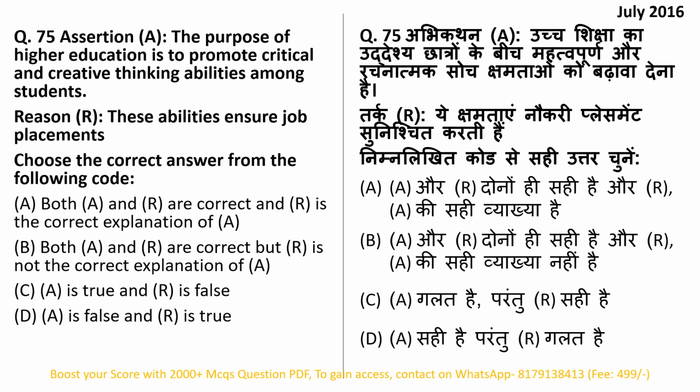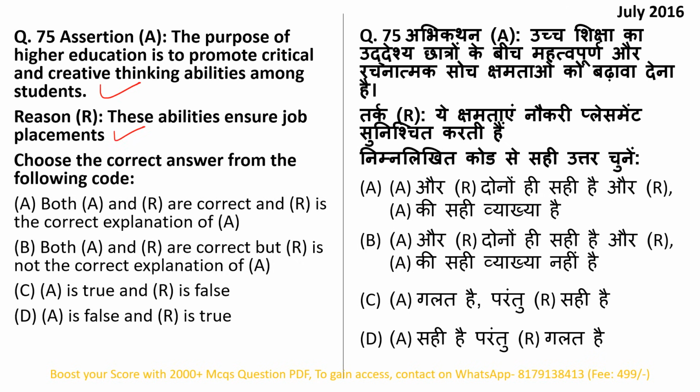Next is assertion and reason question. The purpose of higher education is to promote critical and creative thinking abilities among the students. So the assertion is absolutely right, students. While these abilities ensure job placement, this is also right, because if a person goes to a higher education institution, there are fewer chances of unemployment.